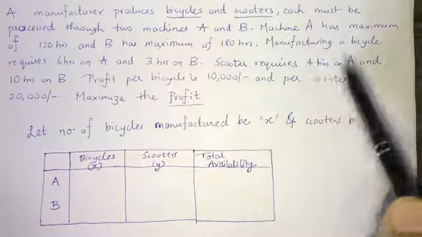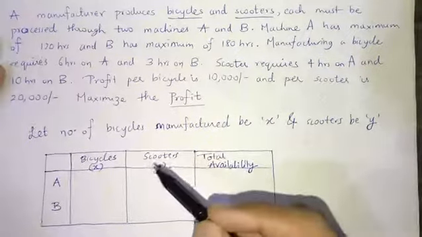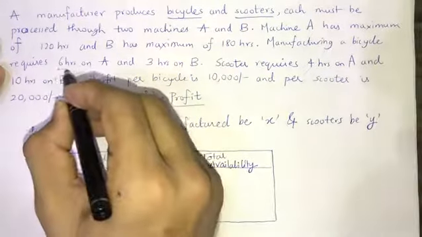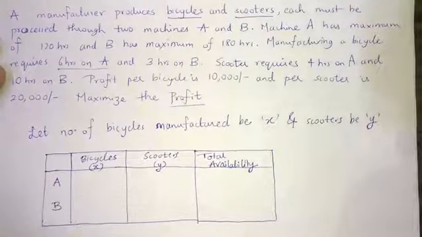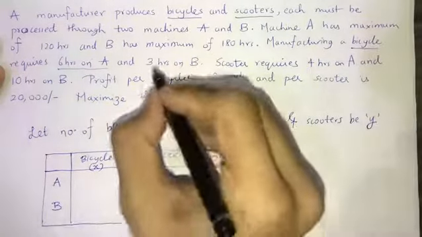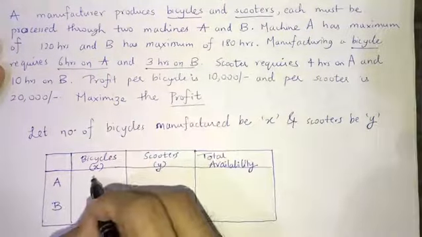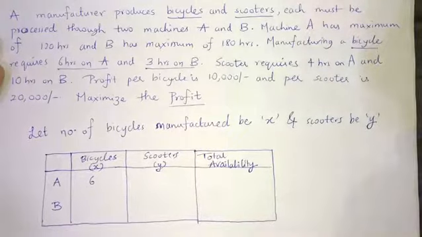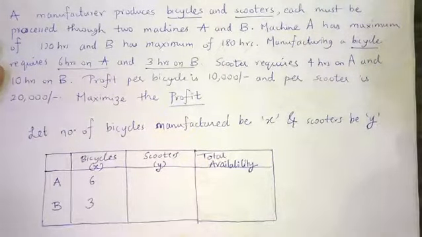Manufacturing a bicycle requires 6 hours on A and 3 hours on B. So I can say 6 hours on A and 3 hours on B.